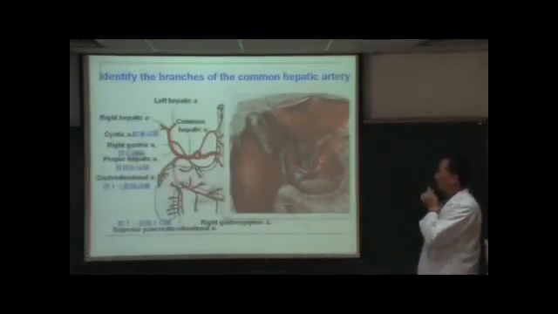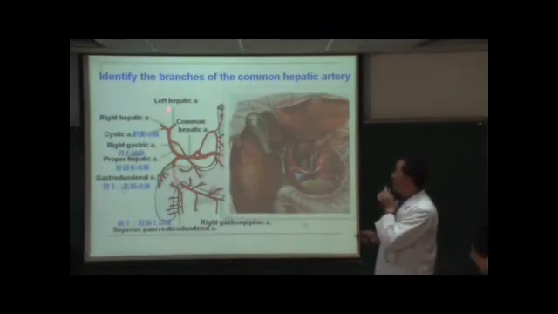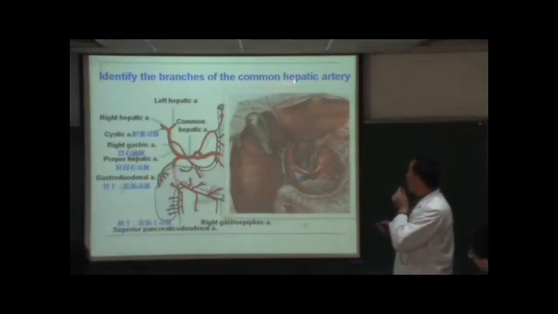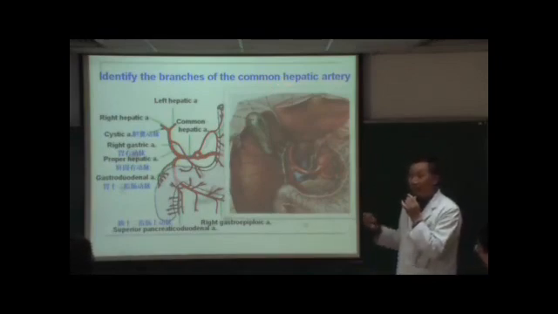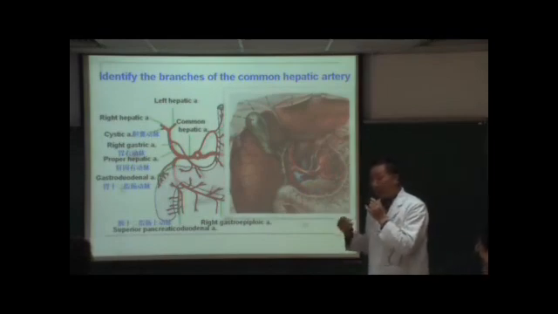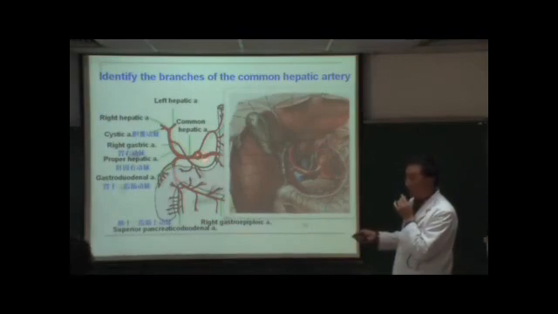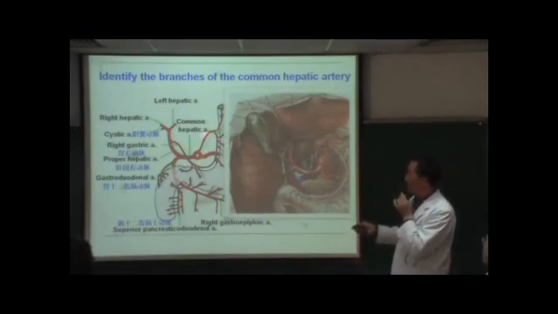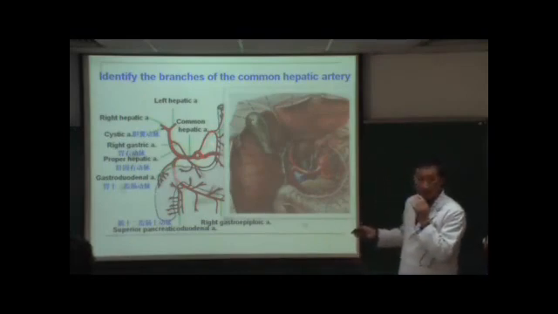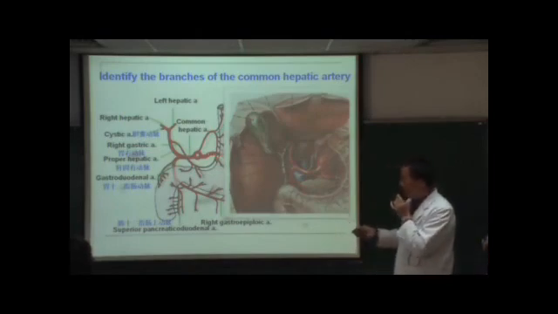Okay. And then you should identify the branches of the common hepatic artery, the third important branch of the celiac trunk. What is this? Yes, celiac artery, celiac trunk. And what is this? Left gastric artery. And what's this? Splenic artery.